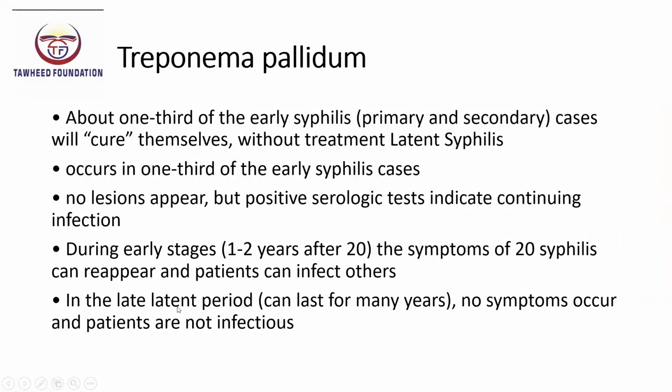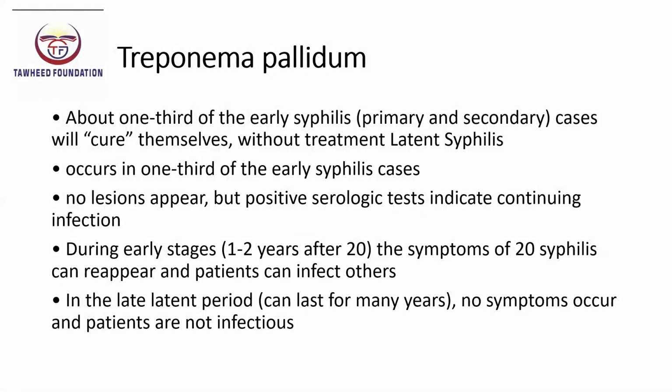Latent syphilis. Latent syphilis is a clinically silent phase. About one third of untreated primary and secondary cases progress into this stage. Patients will show no visible lesions, but serological tests remain positive, indicating the persistence of infection.